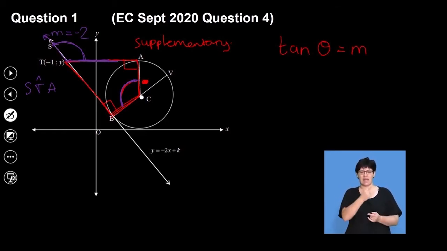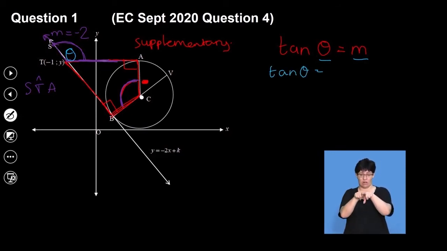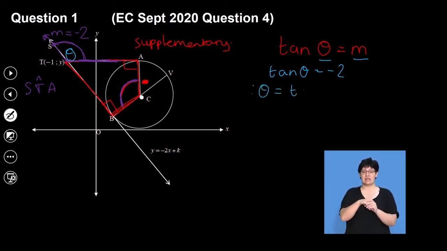So I'm going to call this angle theta over here, and I'm now going to use this little formula which tells me about the relationship between the gradient of the line and the angle of inclination of that line. So tan of theta is equal to minus 2. And therefore, that angle theta is equal to the inverse tan of minus 2.